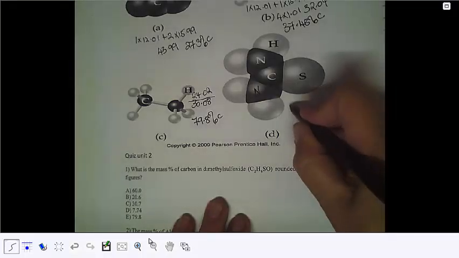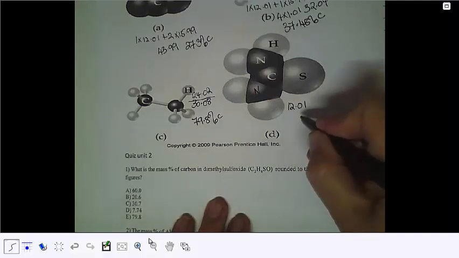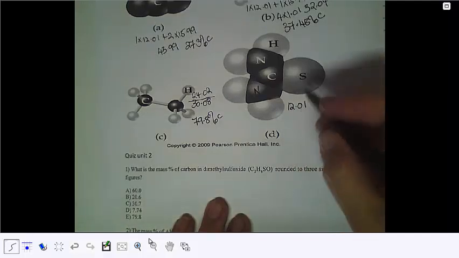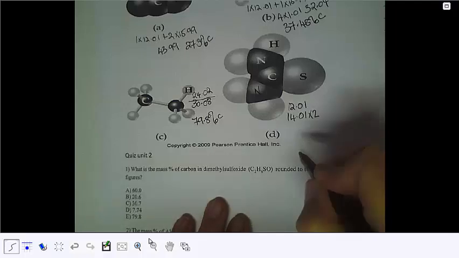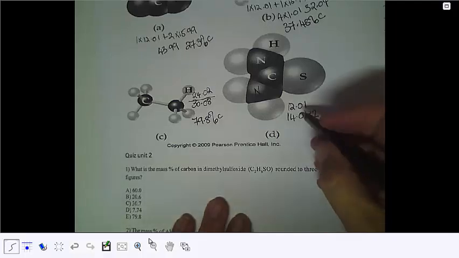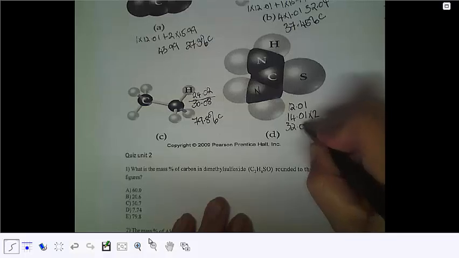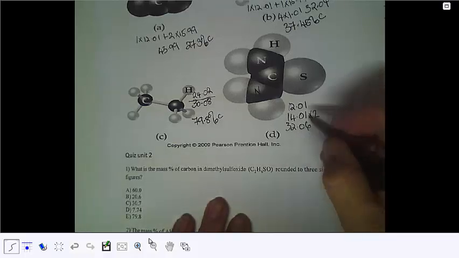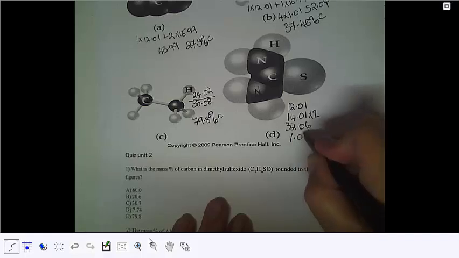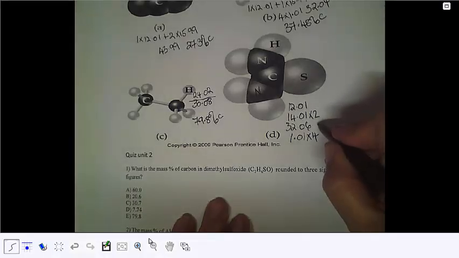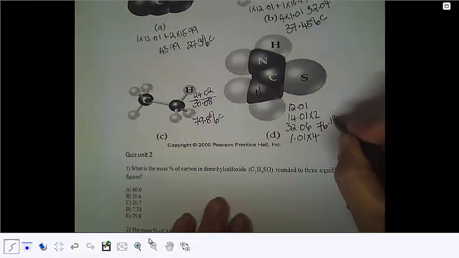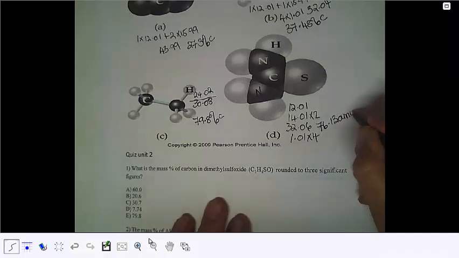So you have 12.01, that's the carbon, plus 14.01 times 2 for the nitrogen, plus 32.06 for the sulfur, plus 1.01 times 4 for the hydrogen, which totals up to 76.13 atomic mass units.